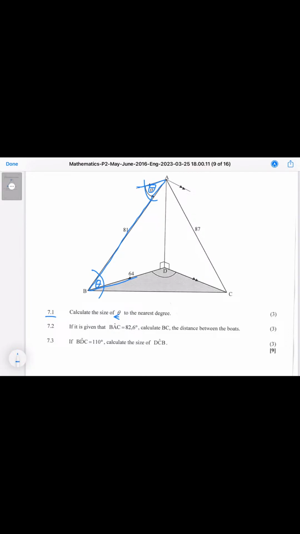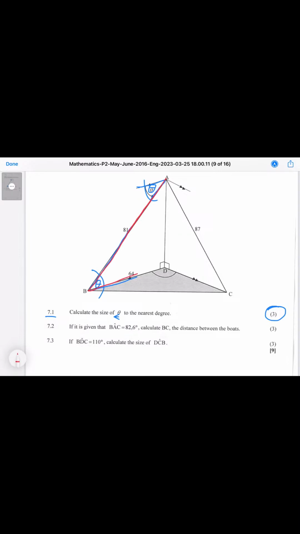Very, very much important. Remember, this question is allocated only 3 marks, which means it is not that complicated. You only needed to know that you've got alternate angles. Therefore, you can now concentrate on the triangle that has enough information.